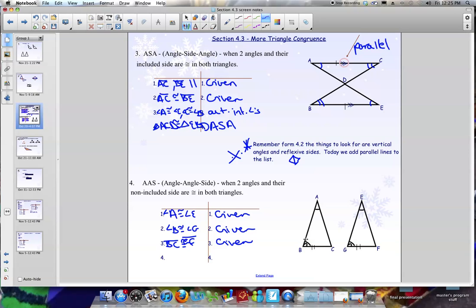And since it's two angles and the non-included side, our reason is angle angle side, and we would write our congruent statement. Triangle ABC is congruent to triangle, match up your corresponding parts, EGF.